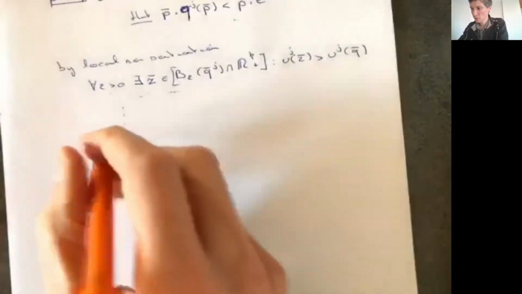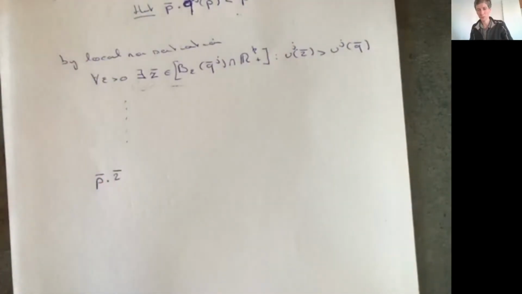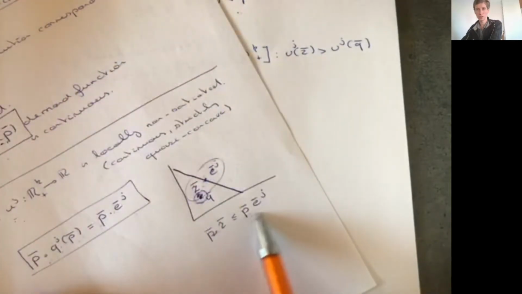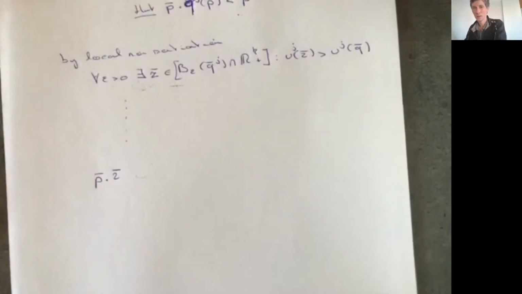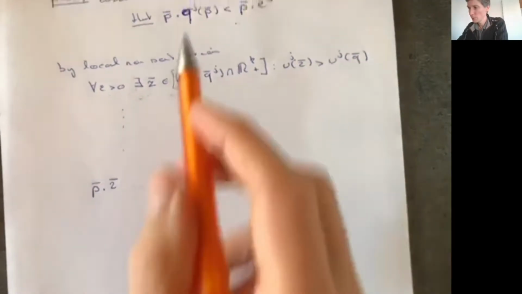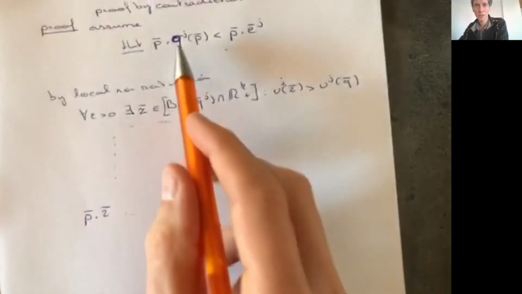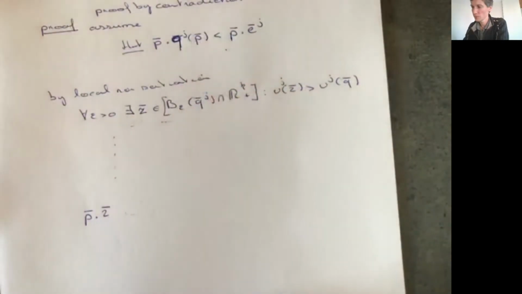Okay, so let's start with P times Z on one hand, and then we would like to get some inequalities here, and in the end arrive at this value here. Okay, so we don't know P times Z, but we know that Z is epsilon close to Qj, and Qj is in the budget set.